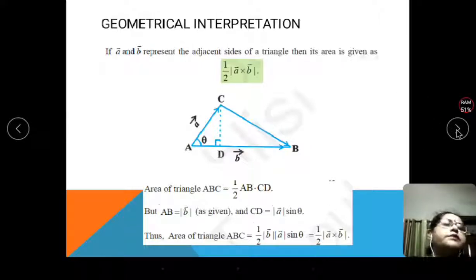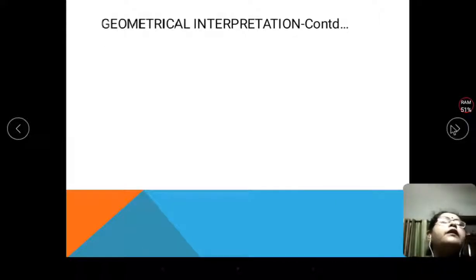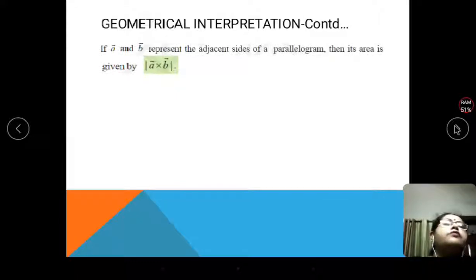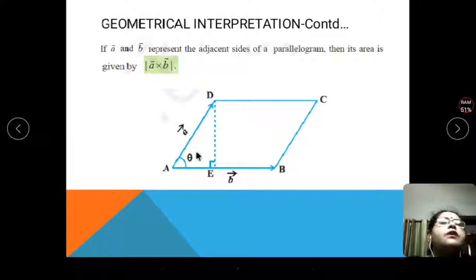One more result, which actually follows from this, is that the area of a parallelogram will be given by just mod A cross B. If we have understood the previous result, we can easily understand this. So now suppose we have two vectors A and B which represent the two sides AD and AB of the parallelogram ABCD.